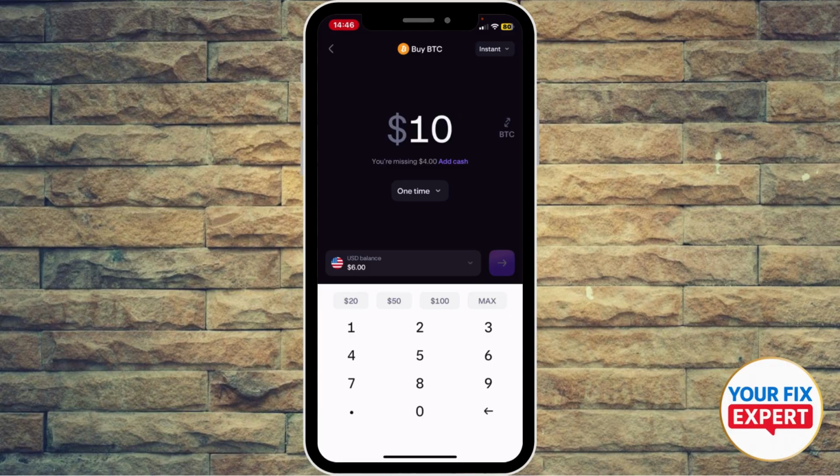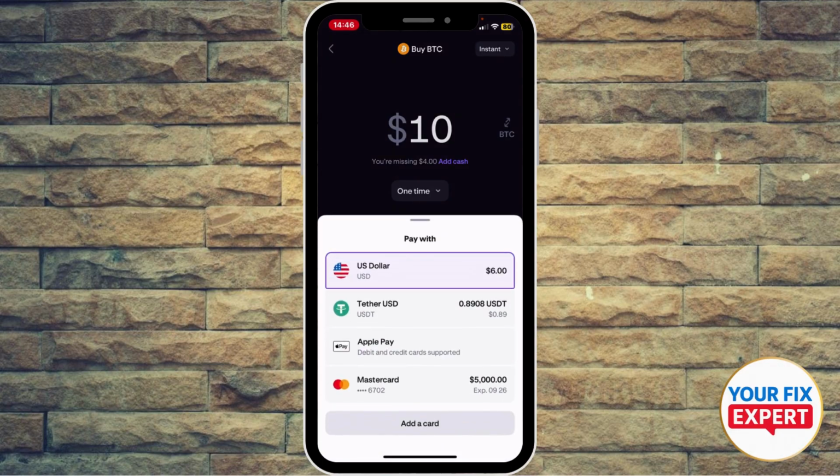Same thing. If you have cash on the side, you can just go ahead and pay with your cash wallet, or you can use USDT, if you have a crypto dollar, or Apple Pay with your debit or credit card supported, and of course you can add it manually if you want.